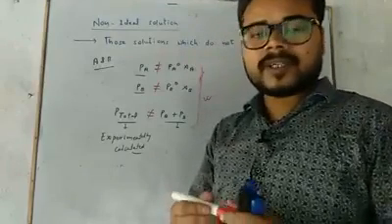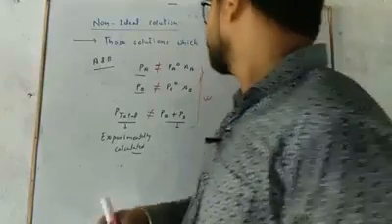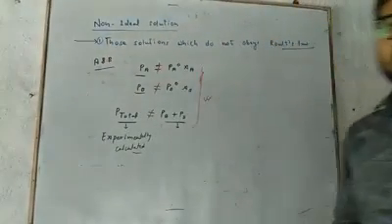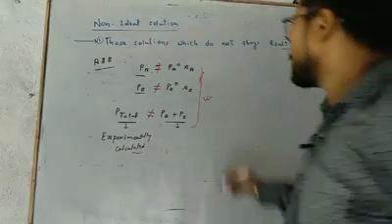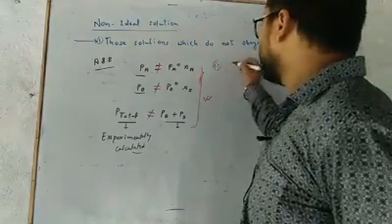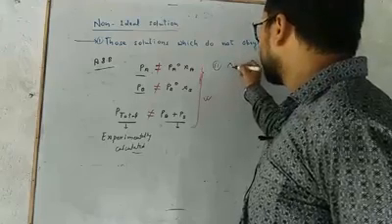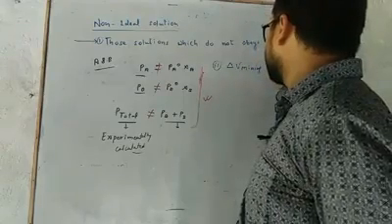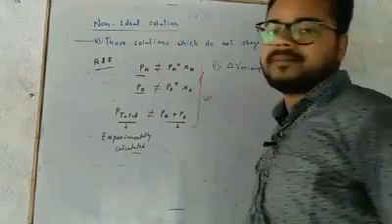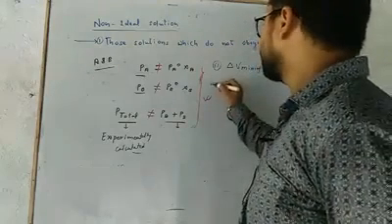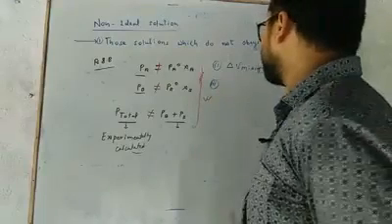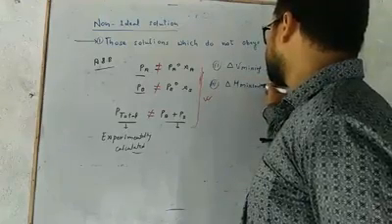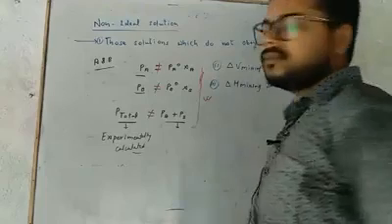So this is the first point. Second point: delta V mixing is not equal to 0. Third point: delta H mixing is not equal to 0.